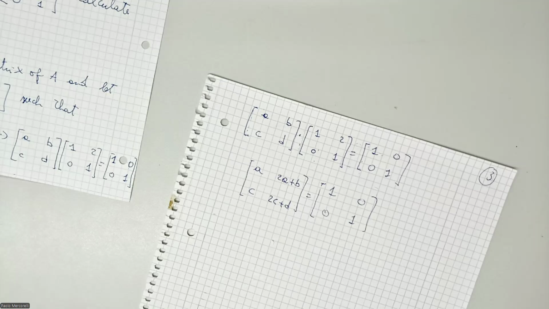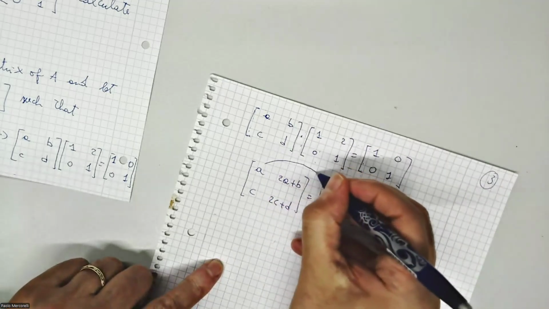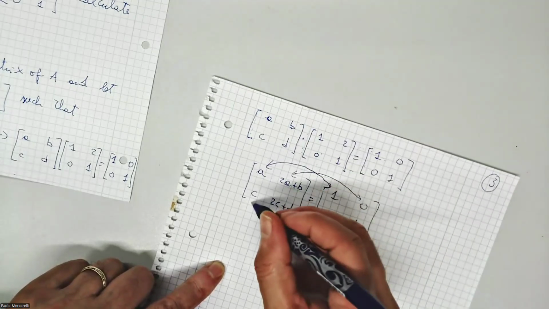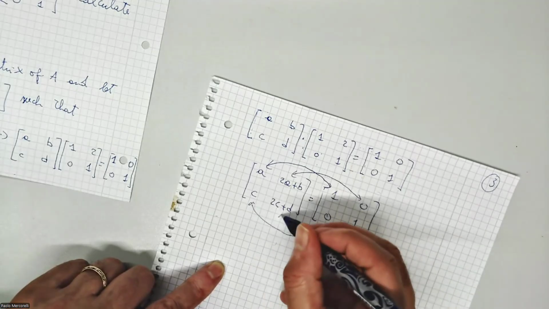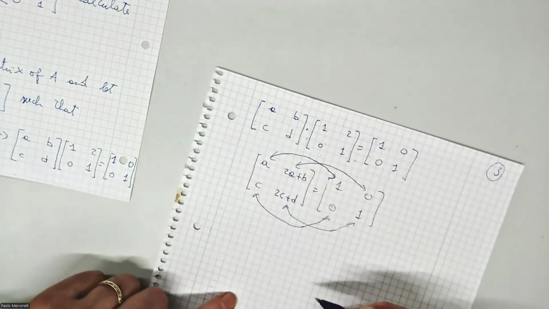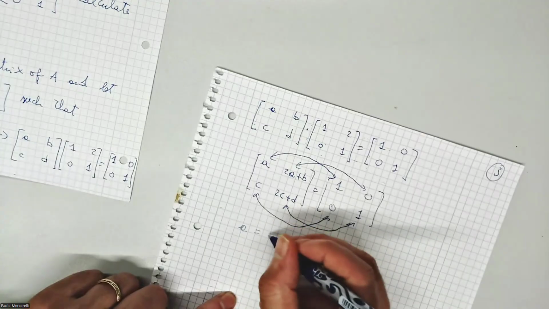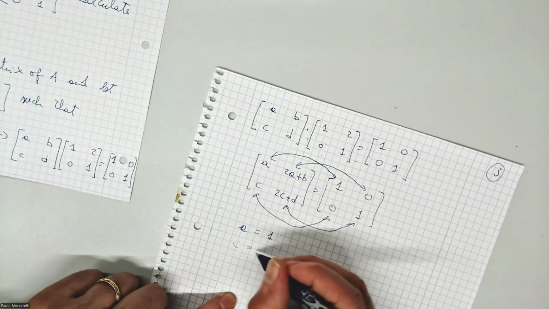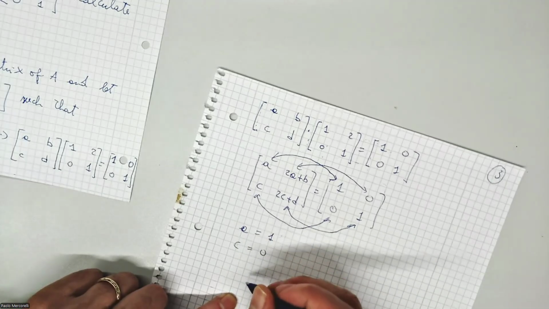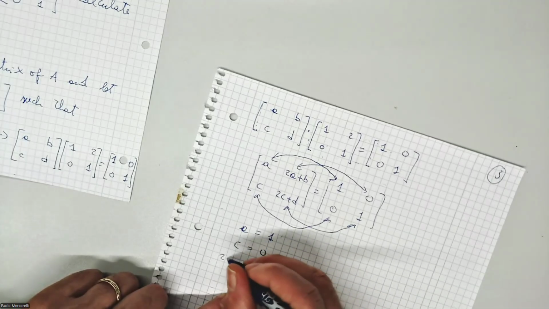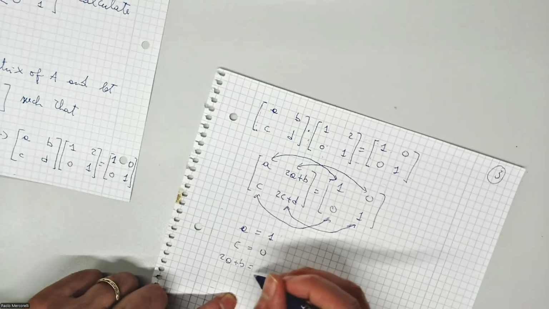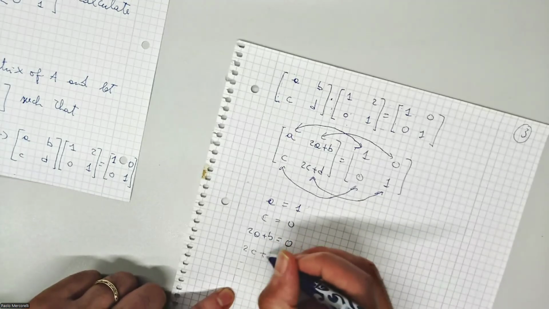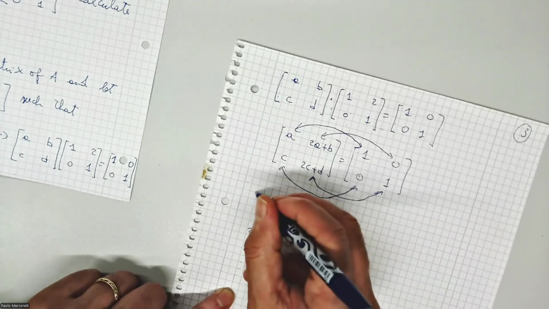This means, intuitively, A must be equal 1, C must be equal 0, 2A plus B must be equal 0, and 2C plus D must be equal 1.